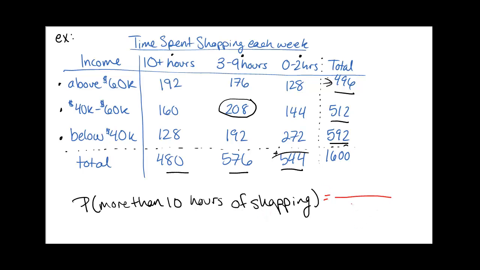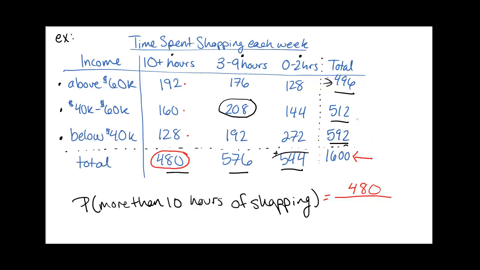So we say, okay, how many people shopped more than 10 hours each week? So we look at our 10 plus hours column. Now we do have this broken down into income level, but in this particular problem, we don't care what the income level was. We just want to look at the total number of people with that much shopping. So that was 480 people out of the total of everything, which you can see is added up down here.